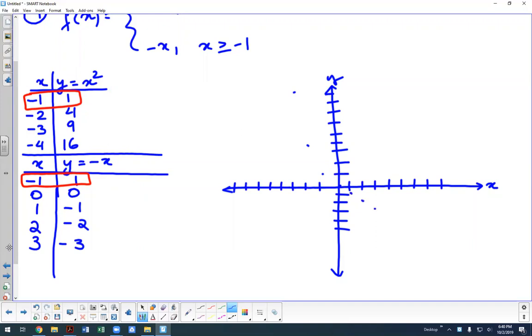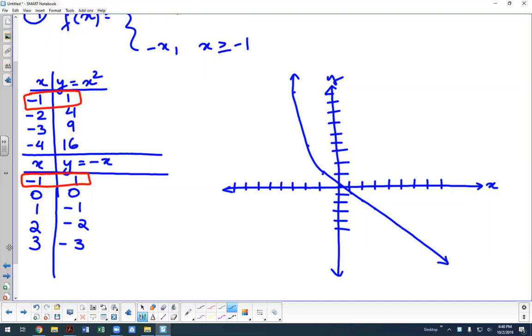So this part, since it's coming from the x squared, should actually look like part of a parabola, right? Because of that x squared, and again, it should stop at -1, and then at -1, we are changing our function. So this is again a straight line with a negative slope.